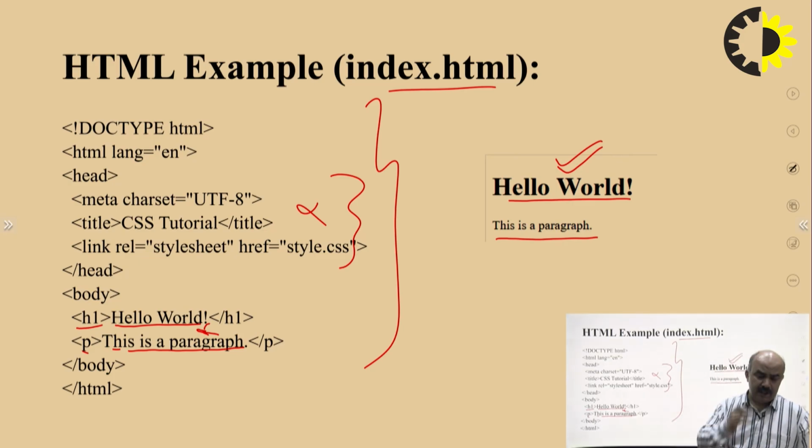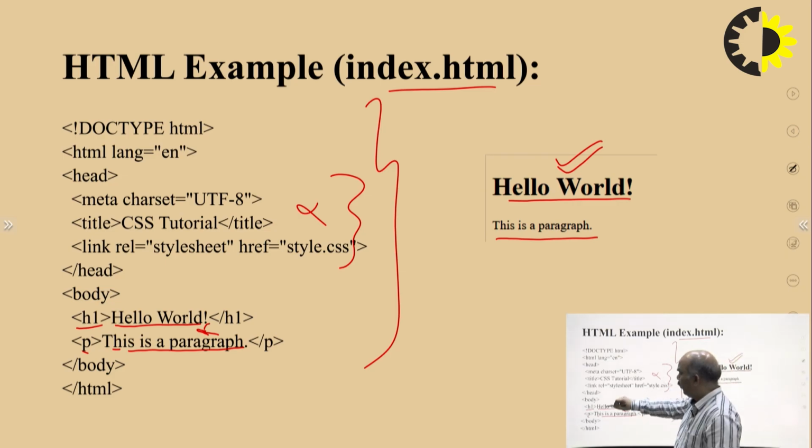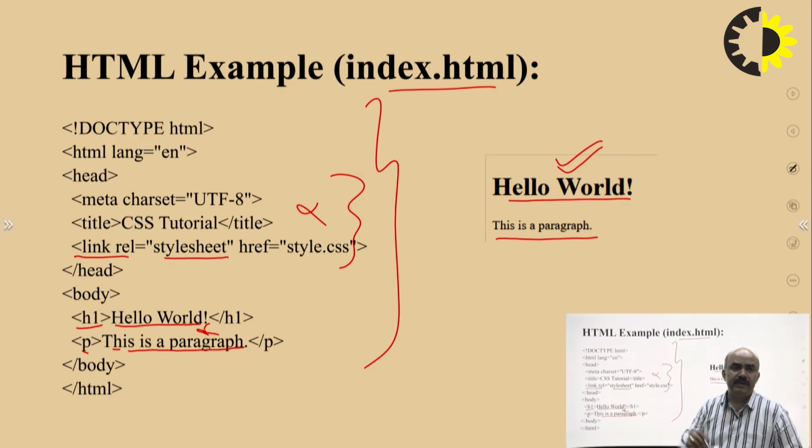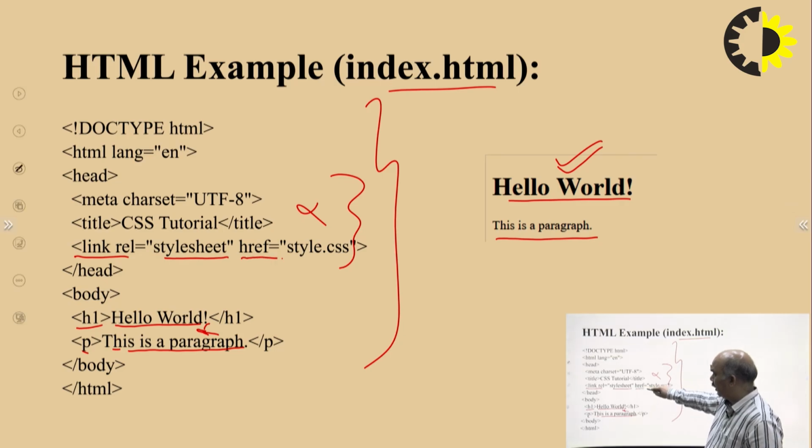So if we apply the CSS in this case, then we have to apply a link with the relationship stylesheet, for the file that we have saved, and we take a link that is style.css being called into your file.